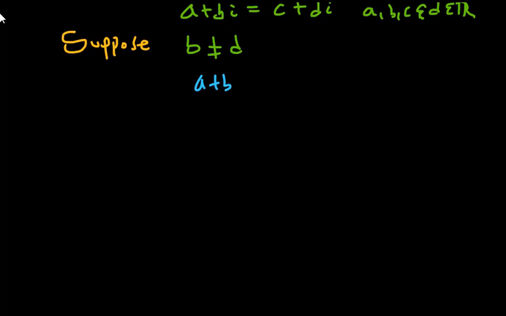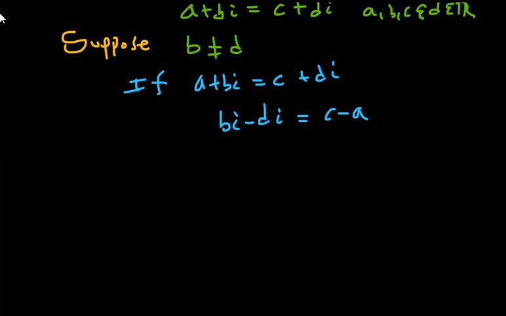A plus Bi is equal to C plus Di, then Bi minus Di is the same as C minus A. Combining like terms, I have i here.